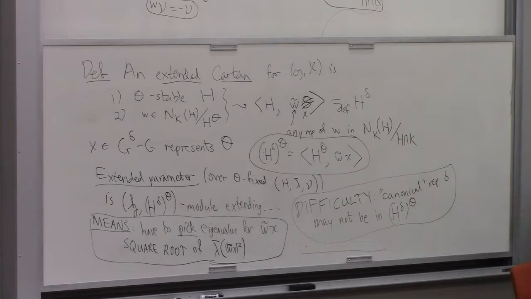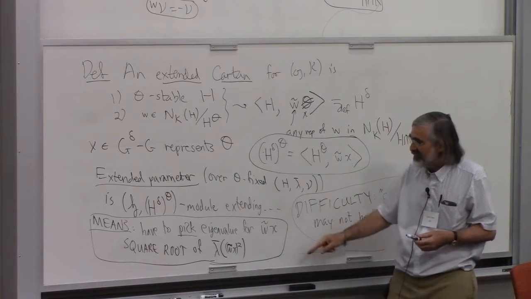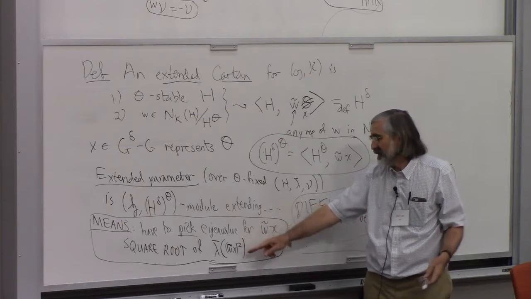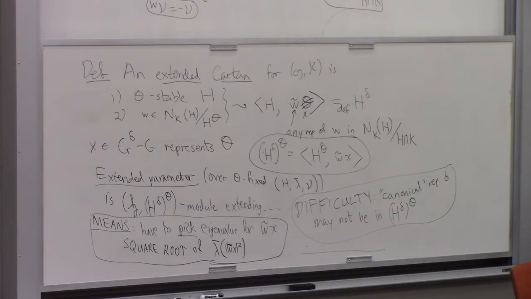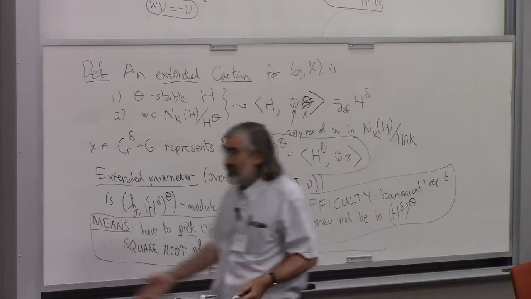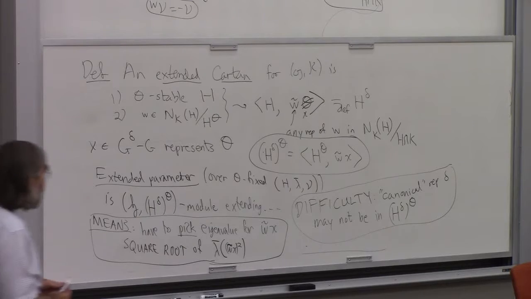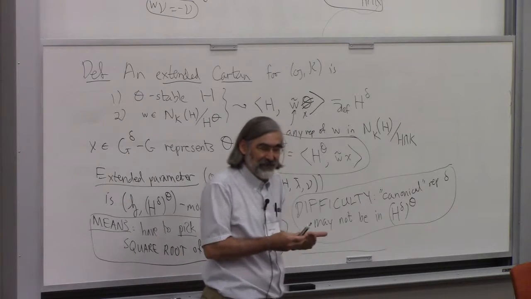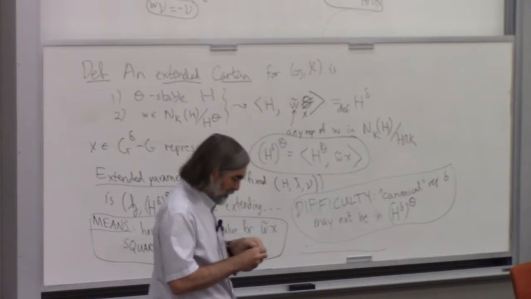But on the other Cartans, it doesn't have to be, and so you have to use some lousy thing, and the square is some ridiculous power of i, and you have to pick a square root of that, and it's not nice. If you have a delta-fixed thing, you can extend it. There's no problem. The problem is that you can't do it canonically.